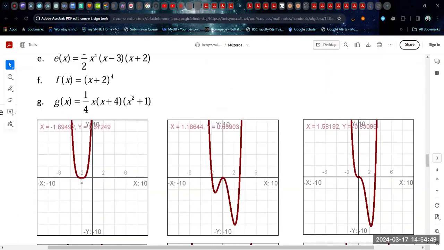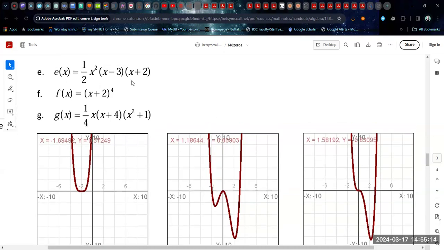For something like this, again, this is essentially what it would look like if you had a 4th power. It still bounces off the graph, but it flattens out a little bit because it is higher than degree 2. In this case, we have a 0 at -2. We have a repeated one at 0, and then we have another one, it looks like, at 3.